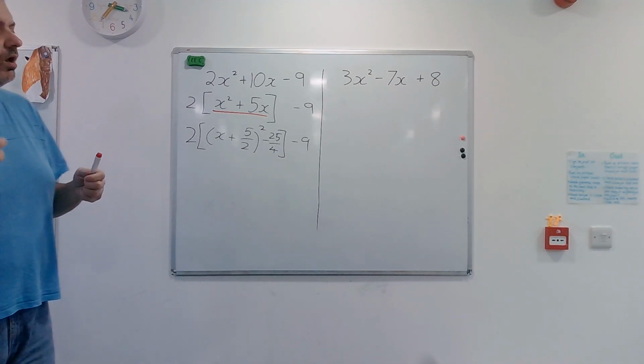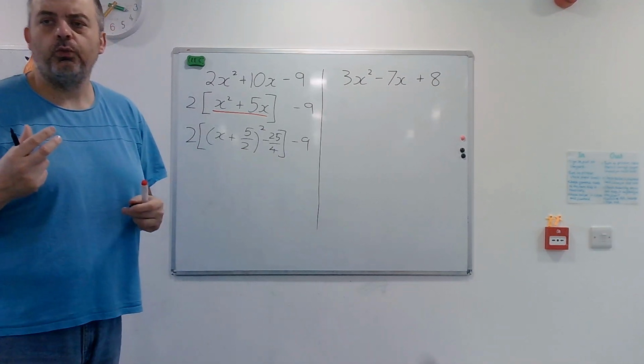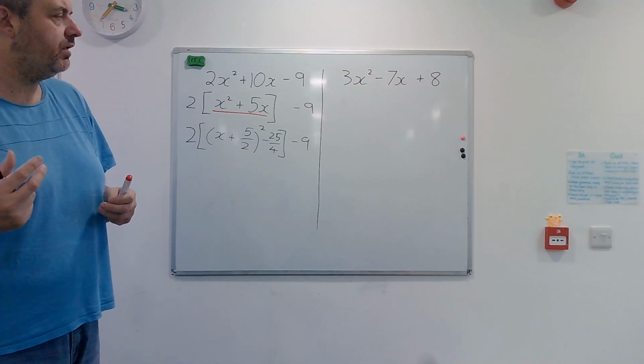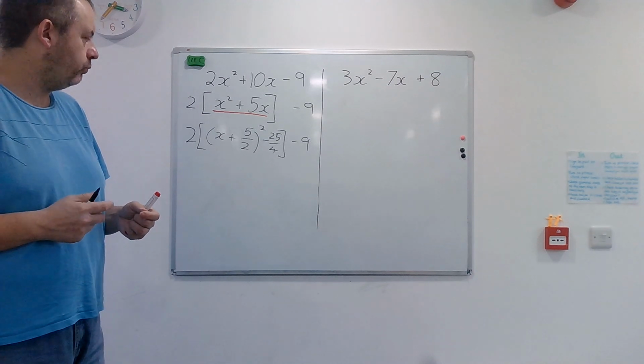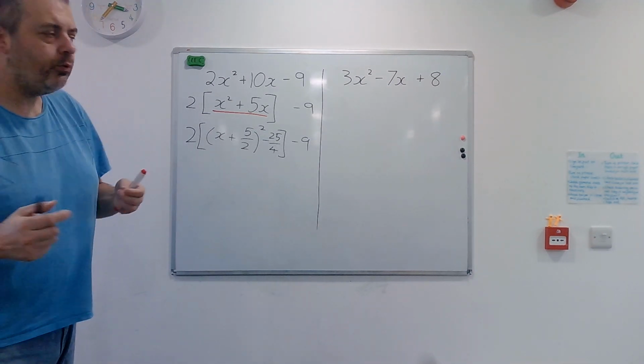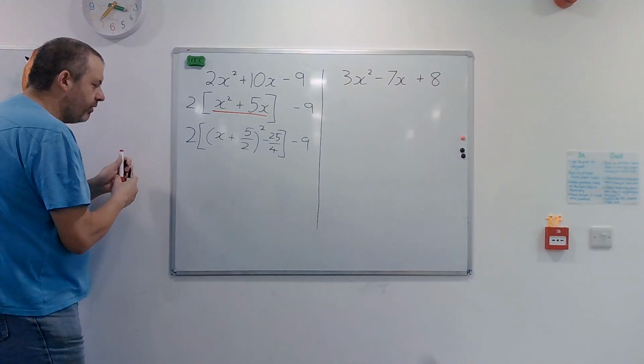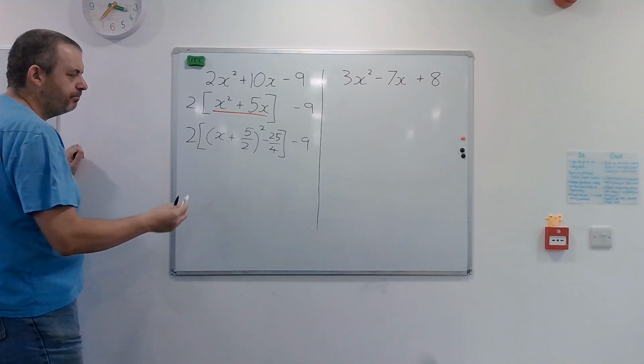Squaring fractions is much easier than squaring decimals without a calculator, and you'll definitely see that come into play on the next one. So now is the point where you bring the 2 back in.